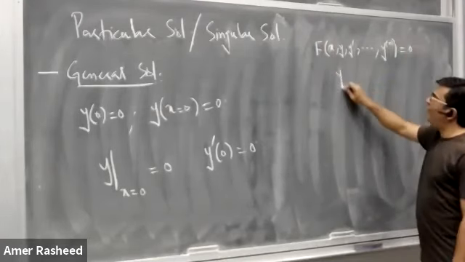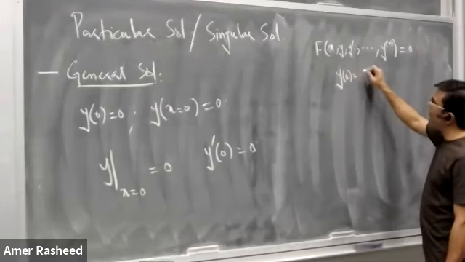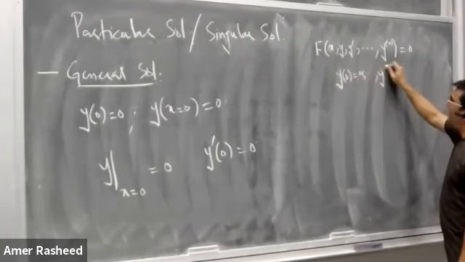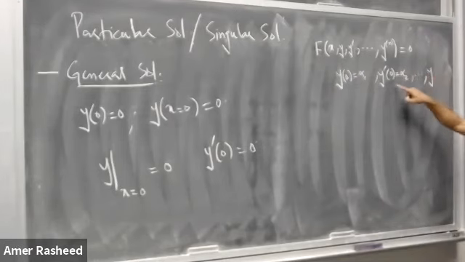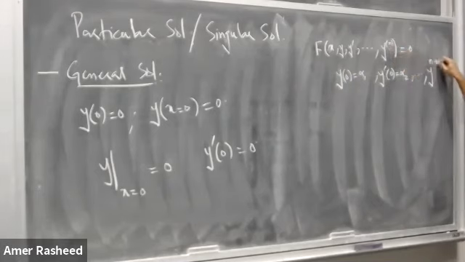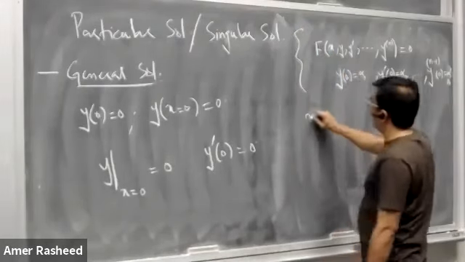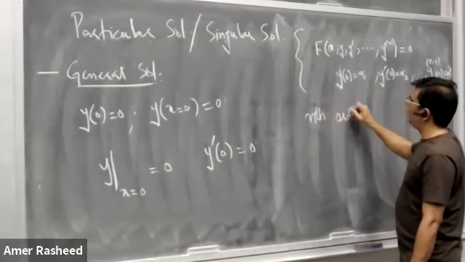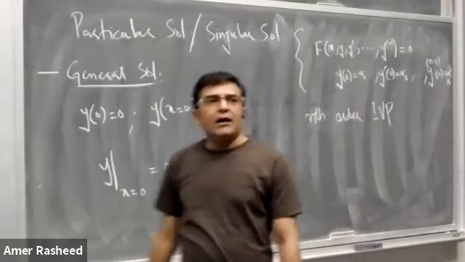You need n initial conditions: y of 0 is equal to some constant alpha 1, y dash at 0 is equal to some constant alpha 2, and so on. You need initial conditions until order n minus 1: the (n minus 1)th derivative at 0 is some constant alpha n. So this is the general nth order initial value problem. I hope you get it.